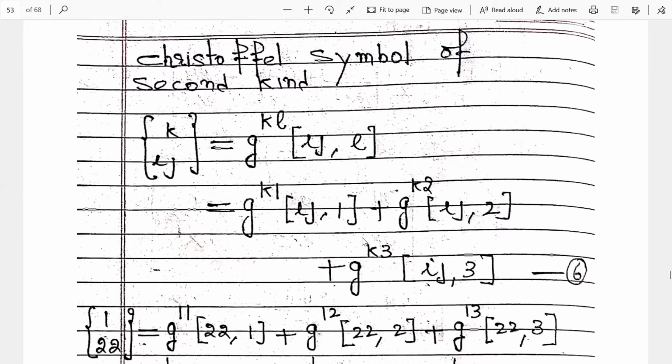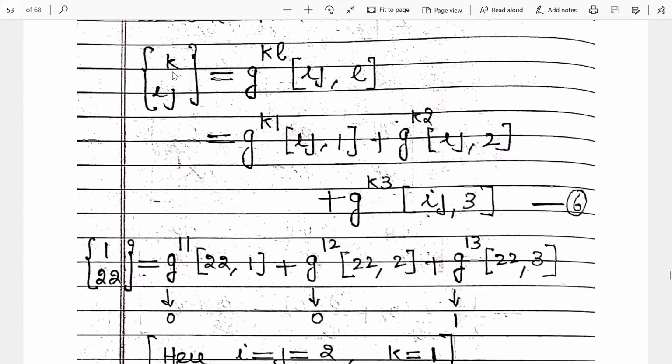Now from this equation, we can find the Christoffel symbol of the second kind. The simple way: our first part is Γ^1_22. So just substitute i and j equal to 2 and k equal to 1. So it will become the equation in this form. Clear?